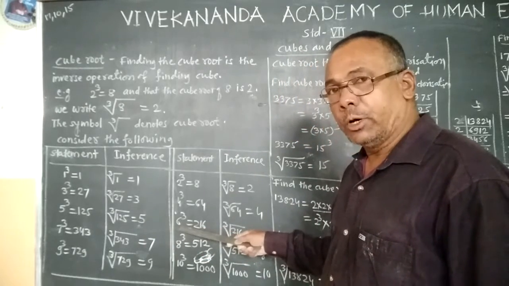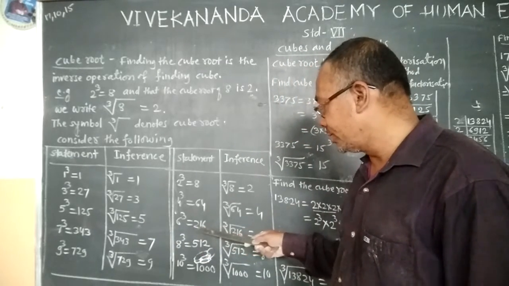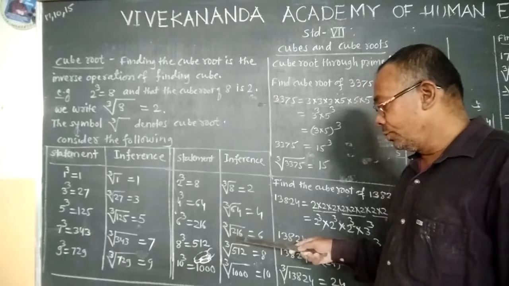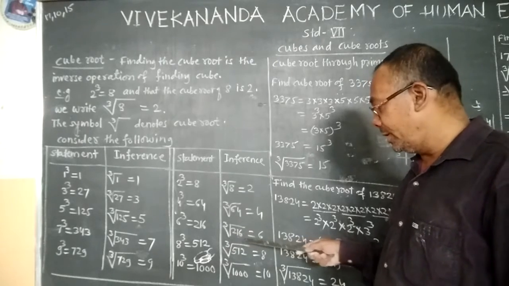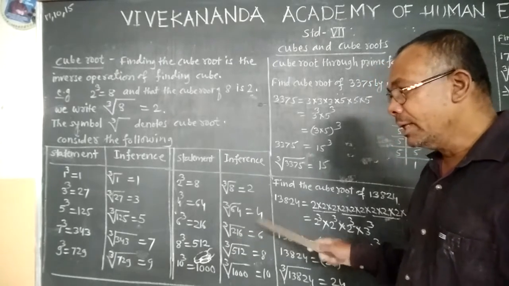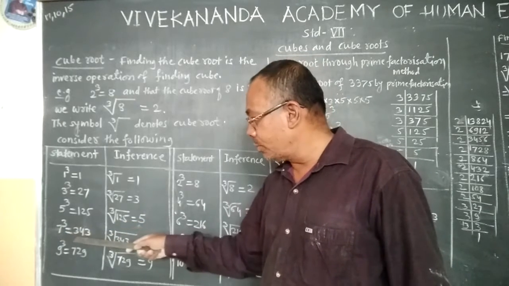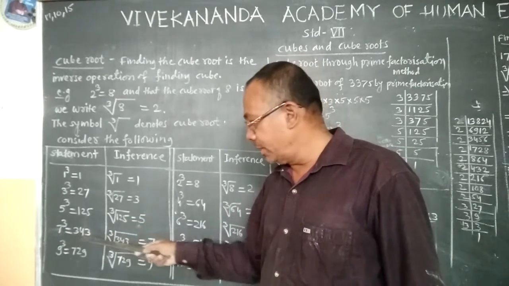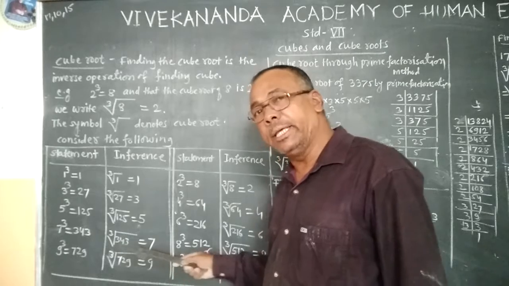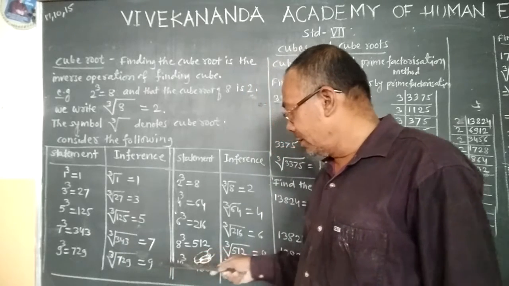Cube of 6 is 216, and therefore cube root of 216 is 6. Similarly, cube of 7 is equal to 343, and therefore cube root of 343 is 7.